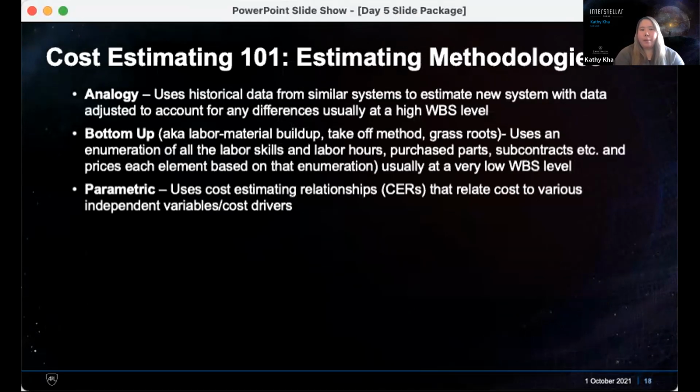So the three main estimating methodologies that any cost estimator is going to use are analogy, bottom-up, and parametric. An analogy estimate is exactly what it sounds like. It's a comparison to a historical mission that's either similar in terms of architecture and hardware or in terms of programmatics.